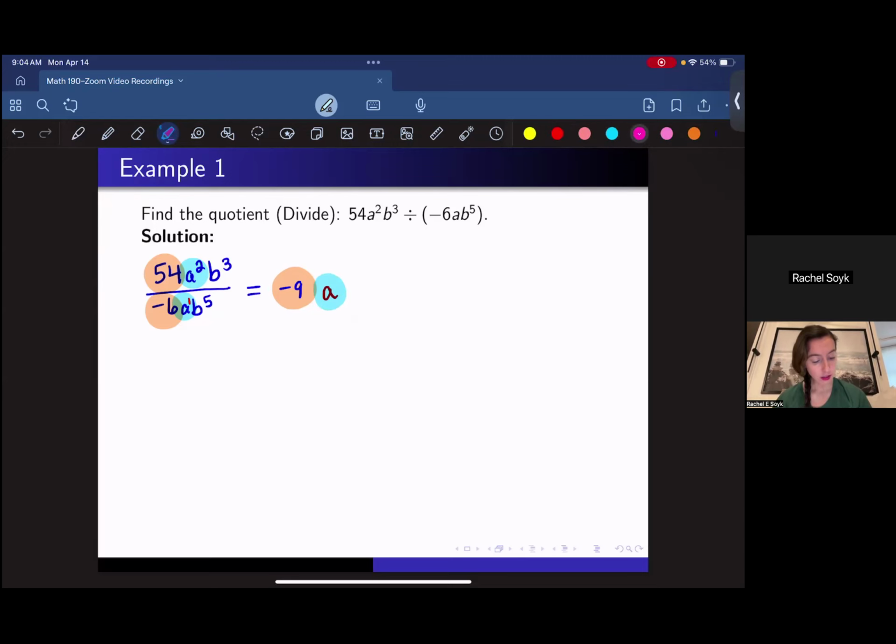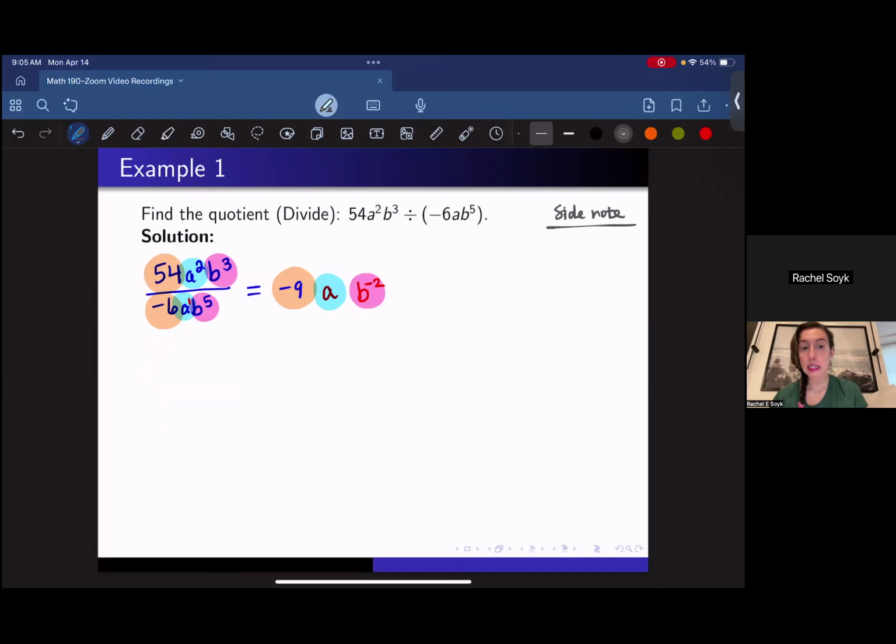And then let's look at our b's. We have 3 minus 5 gives us -2. Now we don't want any negative exponents here, and what's another rule that we learned? Well, off to the side, I'll put a little side note. Anything to the negative power is not a negative number.